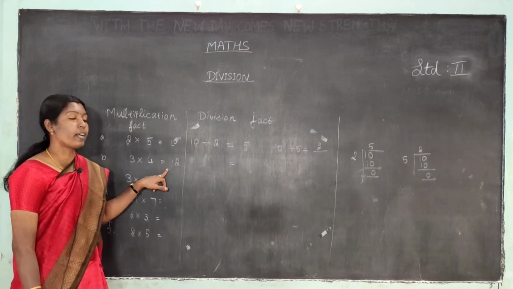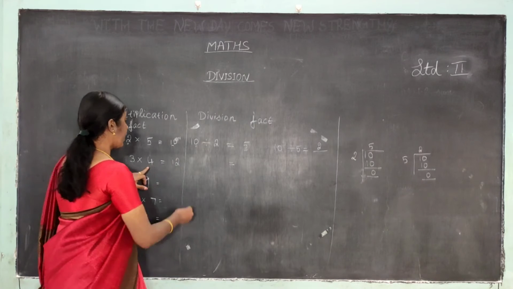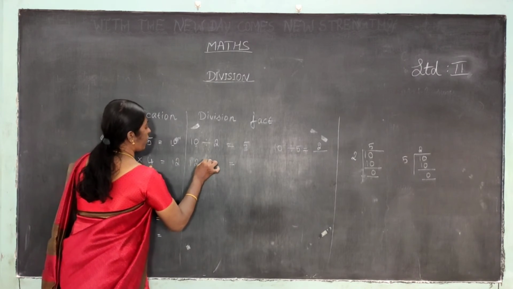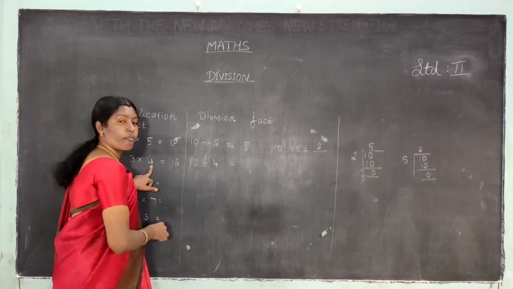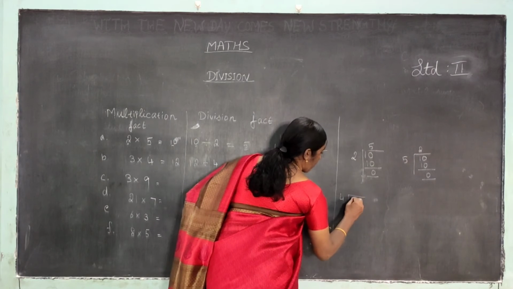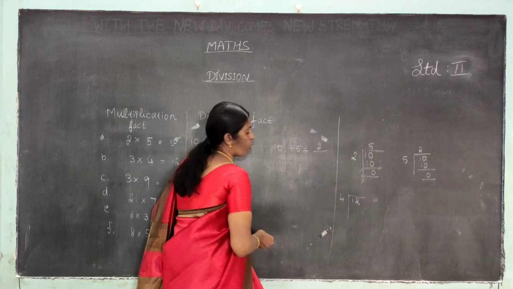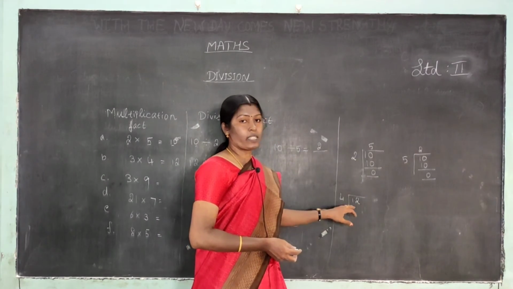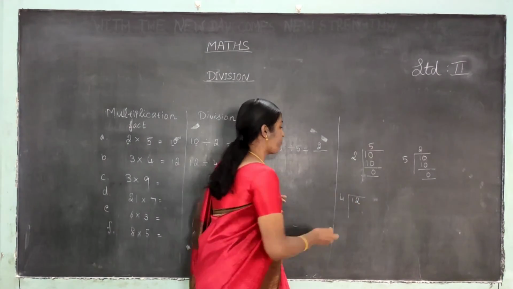Okay, let us try this sum. 3 4s are 12. And we are going to divide what? 12 divided by, first you take the 4. Okay, just you divide it. Divide 12 by 4. Tell the 4 table. 4 1 is 4, 4 2s are 8, 4 3s are 12.